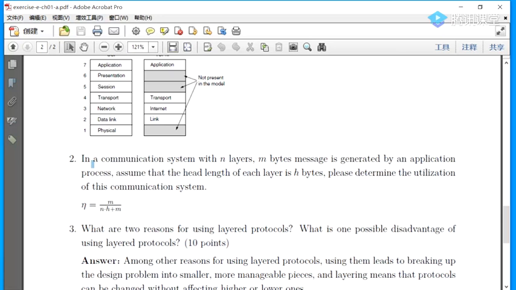M means the size of the message, the useful message with m bytes. The total length of the stream transmitted in the physical channel is n times h plus m bytes. So eta utilization equals m divided by (nh plus m), right?